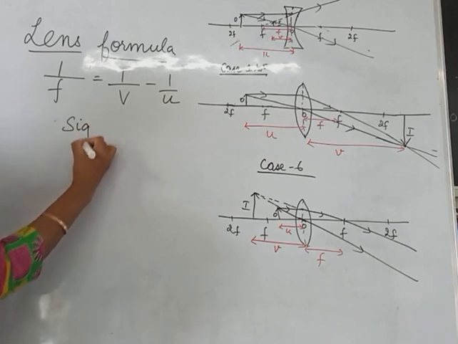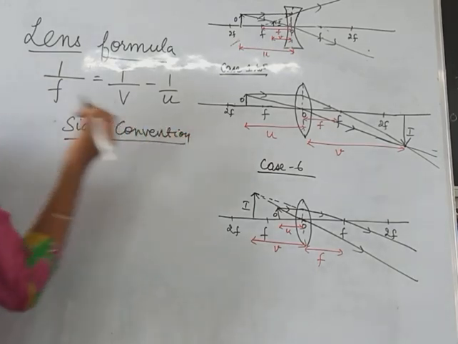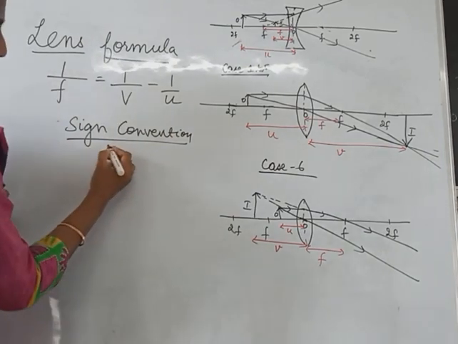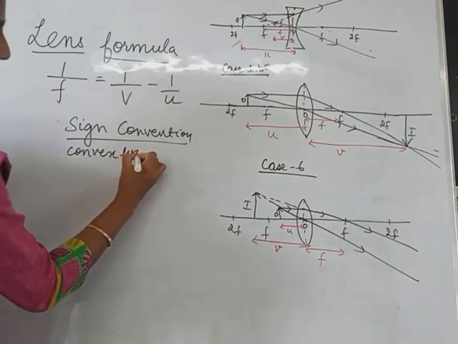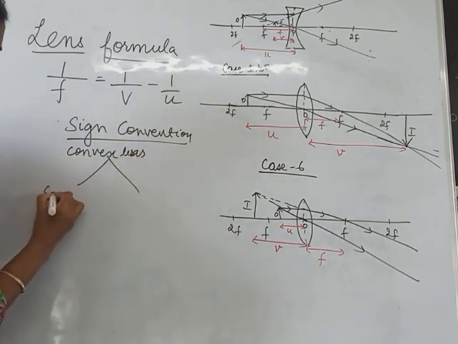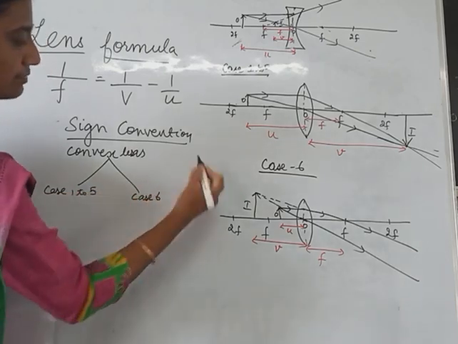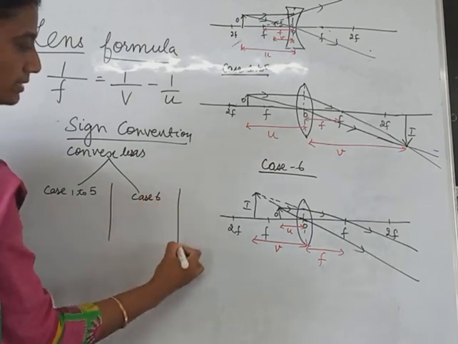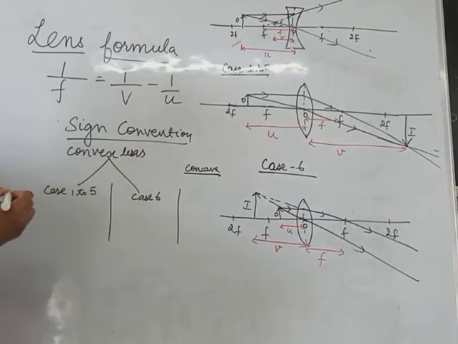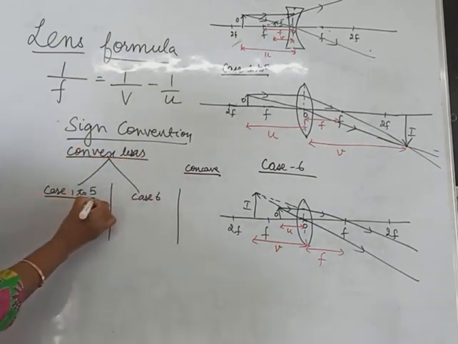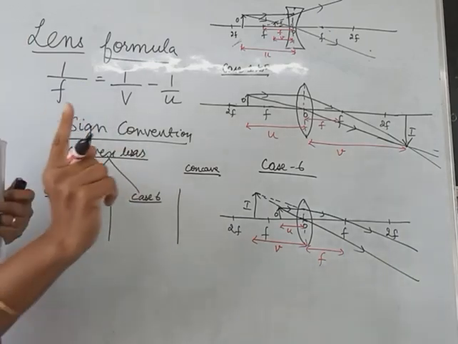Using that, we are seeing about sign convention. There will be three categories. In convex lens itself, case 1 to 5 will fall under one category, case 6 will fall under one category, and concave will have only one type, with only one ray diagram.